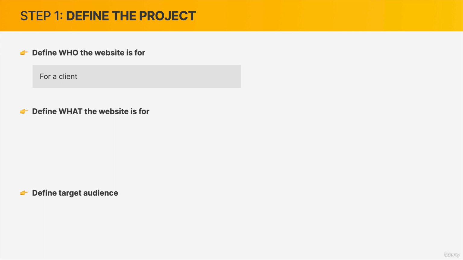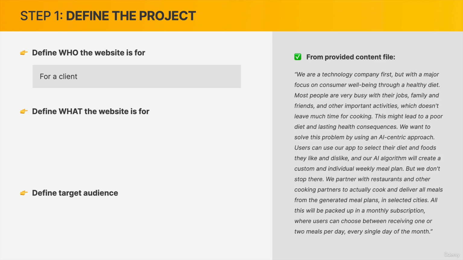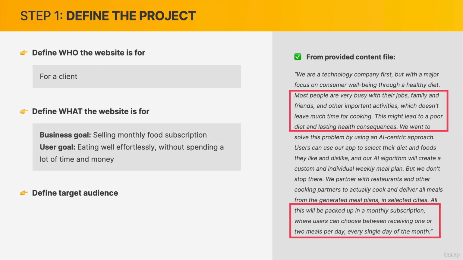Remember? And for doing that, we can take another look at the content that OmniFood has provided us and that we just read previously. So based on this company description, we can kind of infer that the business goal is to sell a monthly food subscription, and that the goal of the users is to basically eat well effortlessly, but without spending a lot of time and money.